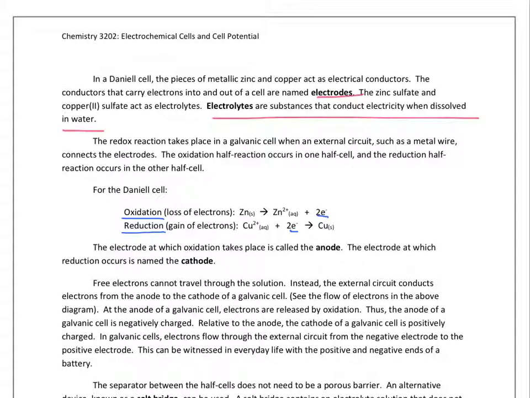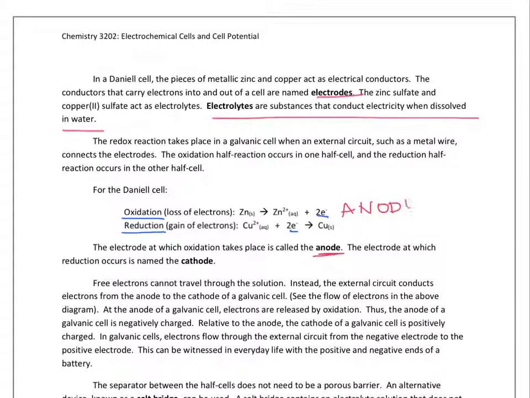When we're communicating about electrochemical cells, it's kind of tedious to have to say the chamber or the half cell. So we've come up with two terms that basically just denote oxidation in one half cell and reduction in the other half cell. Whichever chamber has oxidation taking place, we call the anode.